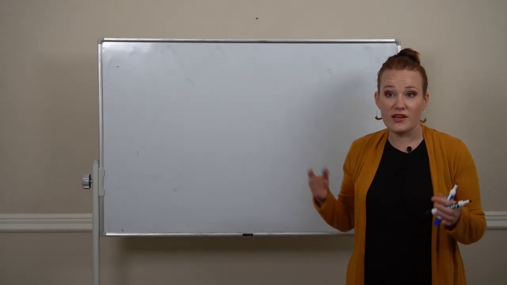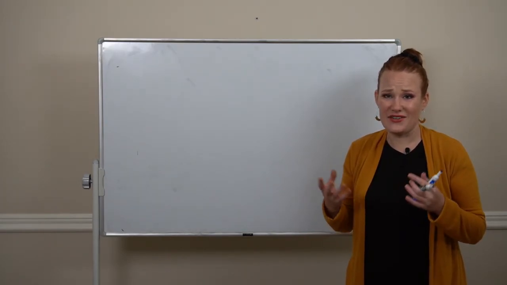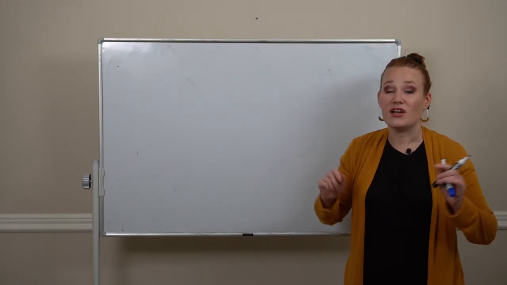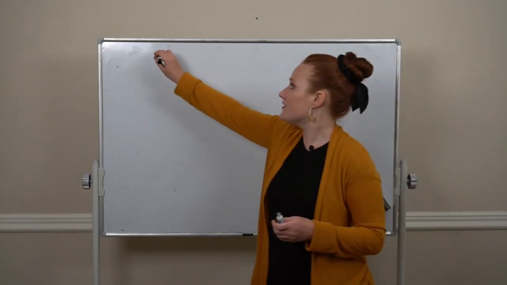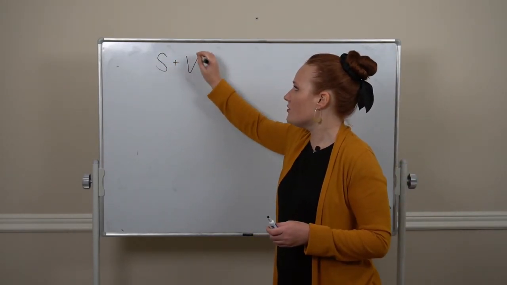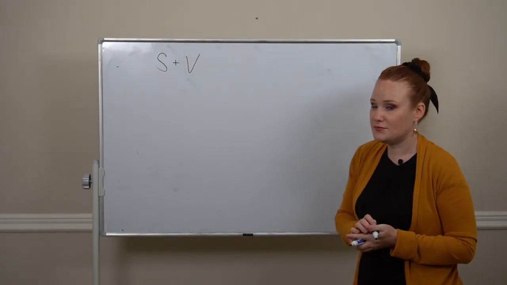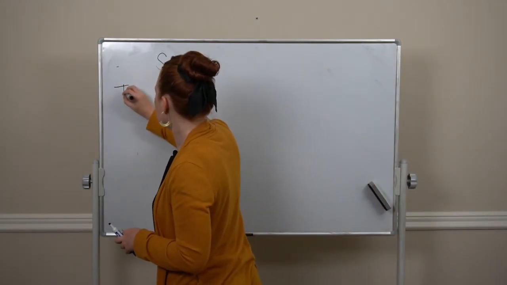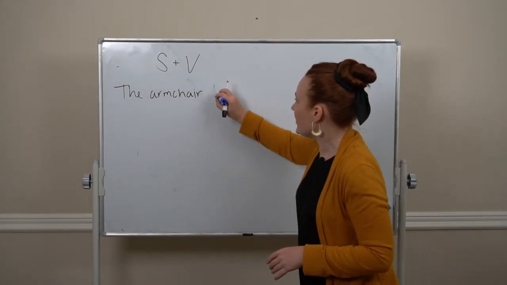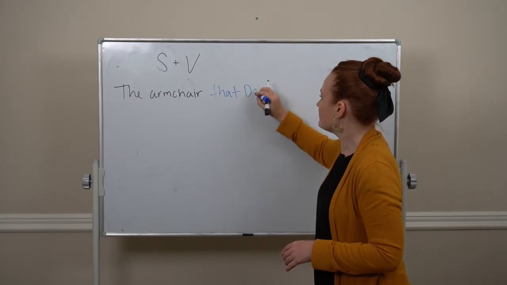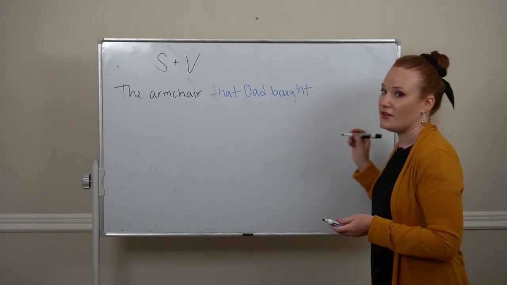Okay, but what if we already have our sentence with a relative clause and you're trying to figure out if it's an object or a subject clause? We're going to rely on the verb. Remember, in English sentences, the subject comes before the verb. Subject, then the verb. So we're going to look for the verb. If my sentence says, the armchair that Dad bought is upstairs.